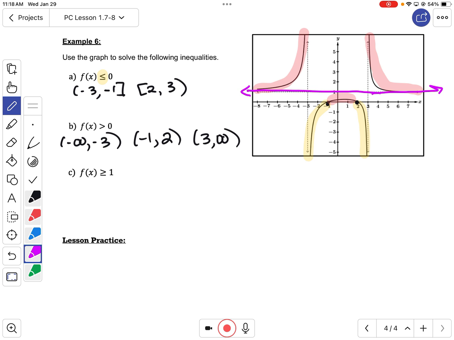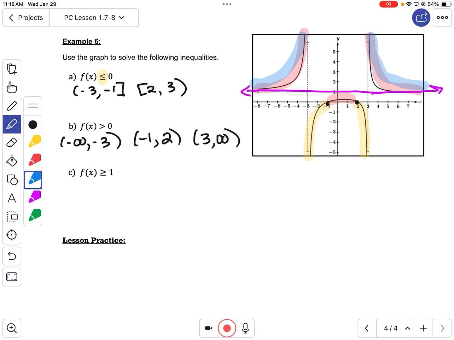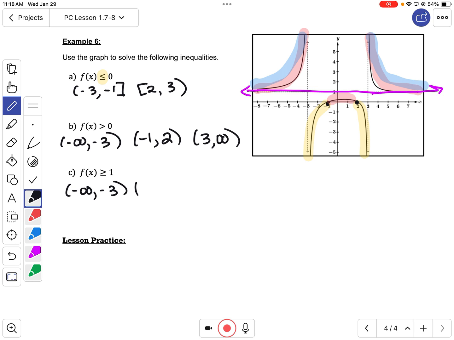How many pieces is that? Just 2 pieces, okay? And those 2 pieces are right here in my little swooshes. Okay? So when I write those intervals, -infinity to that first asymptote, 3 to +infinity. Okay? So question about the graph part.